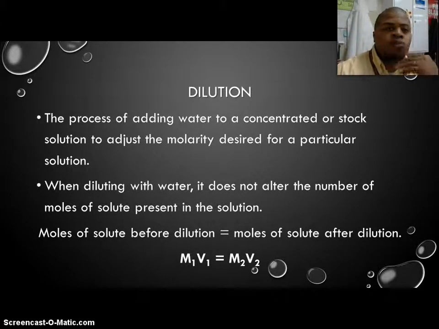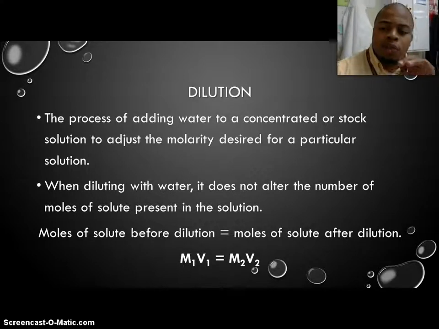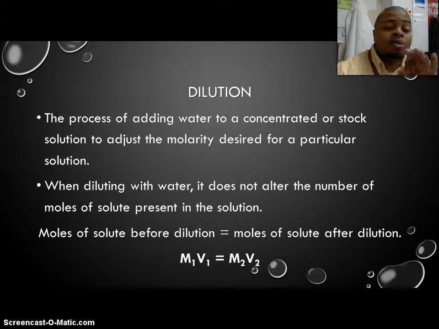Dilution, as with anything else, if I was diluting Kool-Aid, if I was diluting whatever, I'm just going to add water to adjust the molarity to get it where I want it so that I have the right concentration. When diluting with water, it doesn't alter the number of moles. I'm just adding water. I don't change the number of moles of the substance. That part will stay the same, but what will change is the molarity.